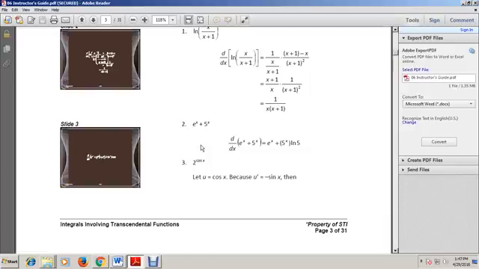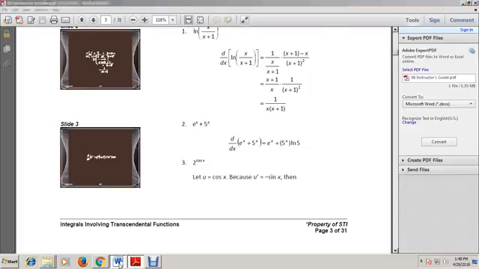Okay, so in order to perform the derivative for e raised to x plus 5 raised to x, what we need to do is to recall the process of getting the derivative for e raised to x and getting the derivative of the form 5 raised to x, or a constant raised to x.